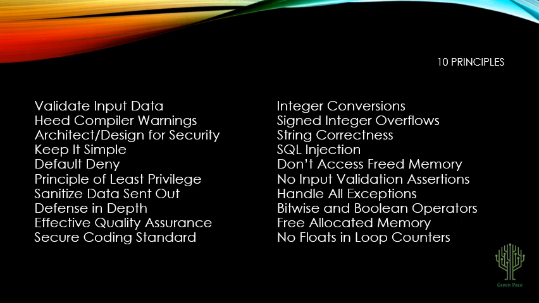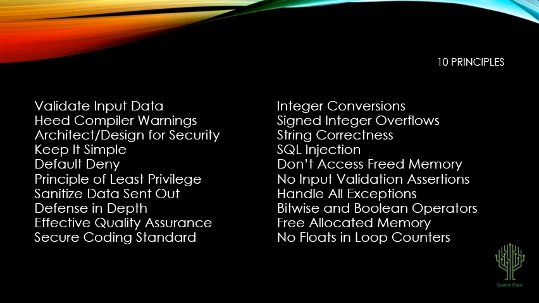Next, we'll keep it simple. To do that, we'll make sure that bitwise and Boolean operators are kept separate from one another and no floats in loop counters. Another core security principle is to default deny.